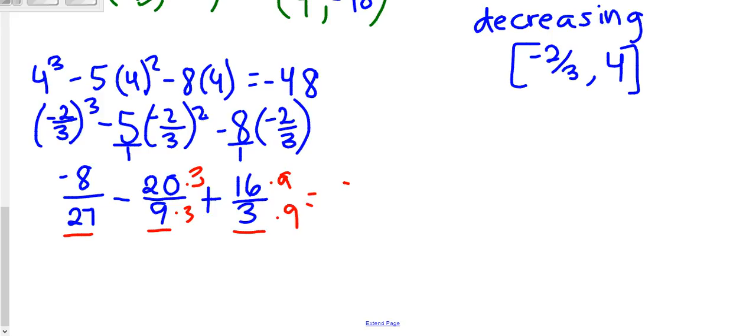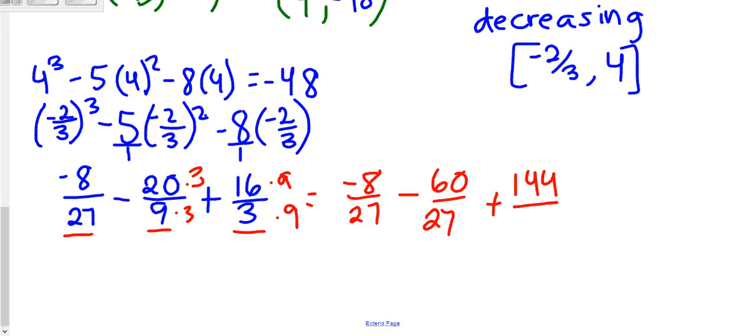That will give me negative 8/27 minus 60/27 plus 144/27. When I'm adding fractions, the bottom will stay the same.